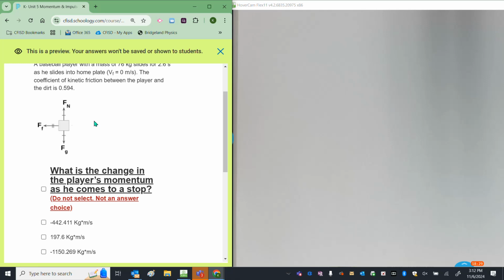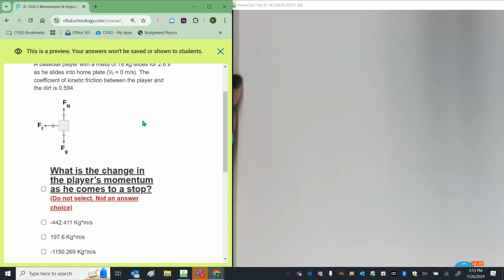They're just coasting. They're in motion, and the only thing that's happening here is friction slowing them down. So this is what your free body diagram needs to look like for anything that is sliding to a stop. Unless it tells you there's some kind of forward force, it looks like this. Again, you need to be able to draw that.